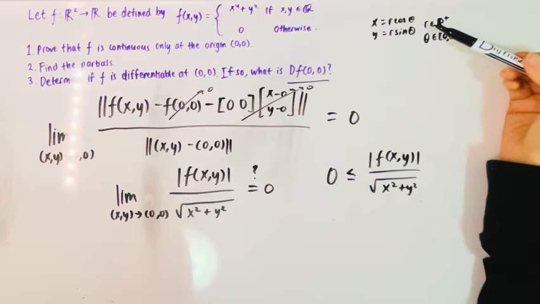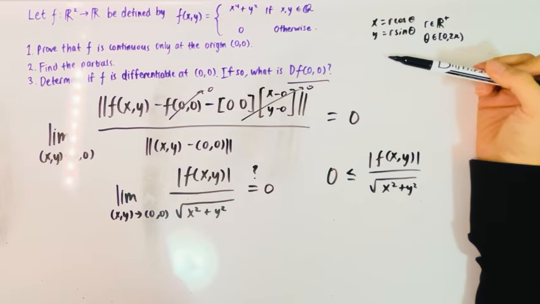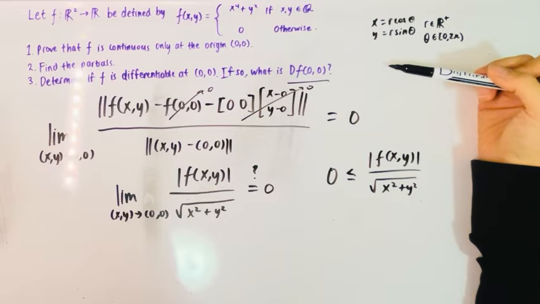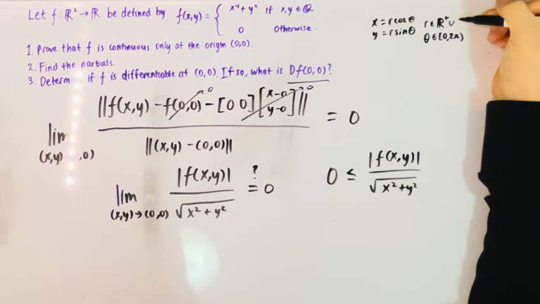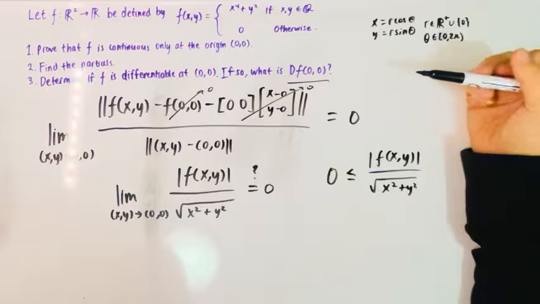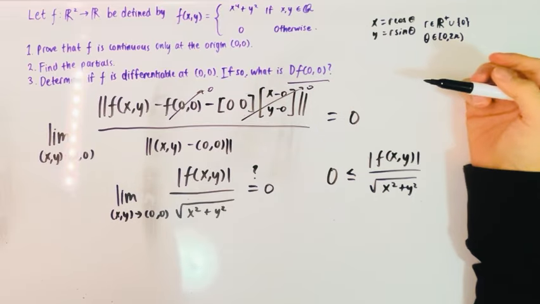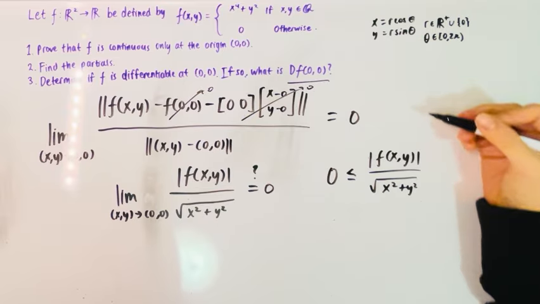So we can express any x and any y as this. Now we want to express x⁴ + y² in terms of polar coordinates.